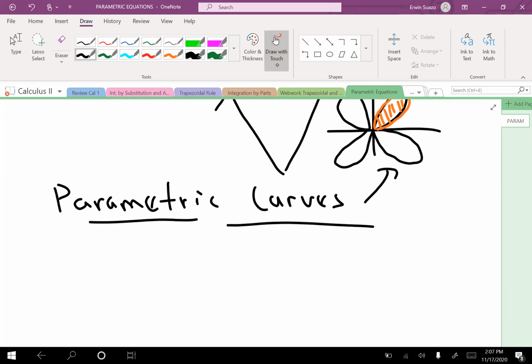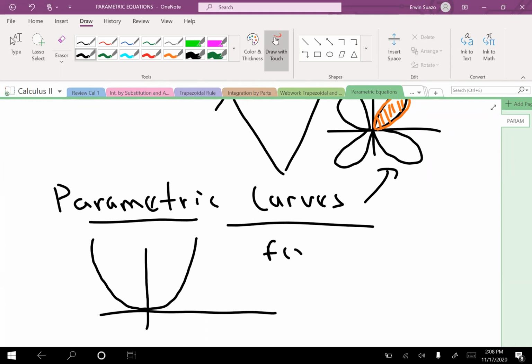The main relationship is the following, and you learned it when you were talking about functions, right? So let's say this is our more familiar function, f of x equals x squared. Let me choose this point over here.